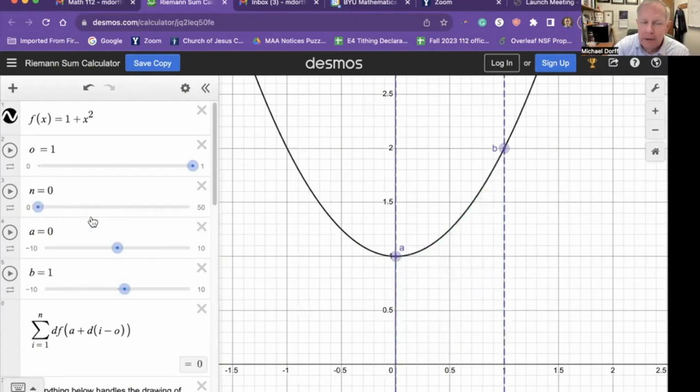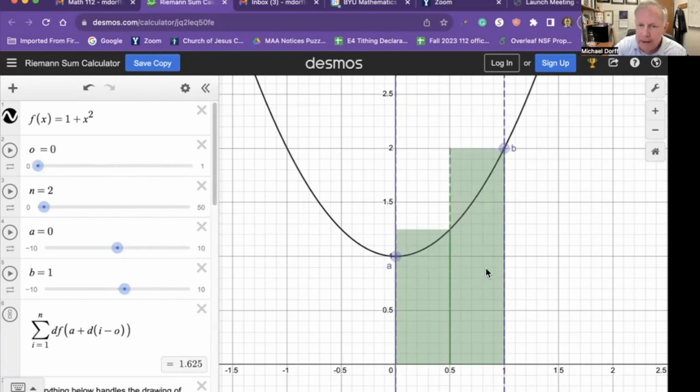Now, another thing that we can do here, in each of these examples, we used these rectangles that were underneath the curve. And the way that would happen is we took the left x value for each of the rectangles. Now, let's change it and do the right x value. So now I have 2 rectangles.